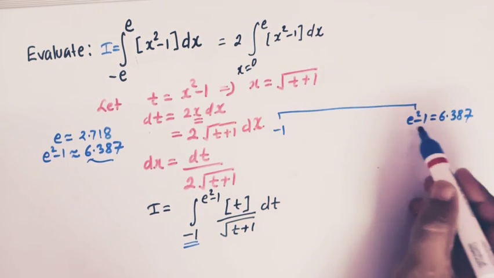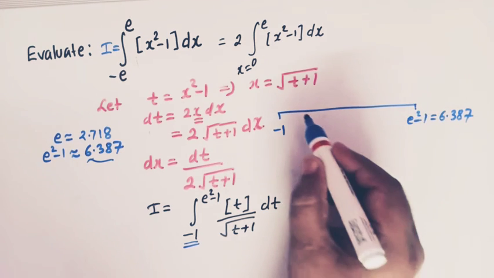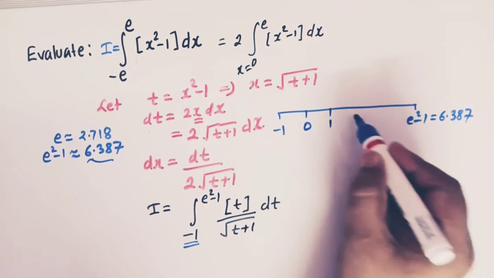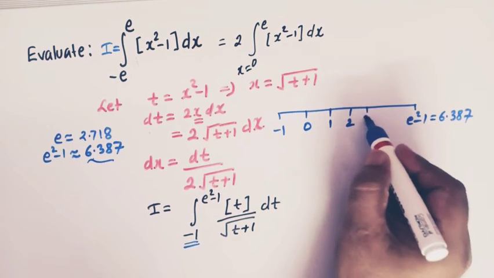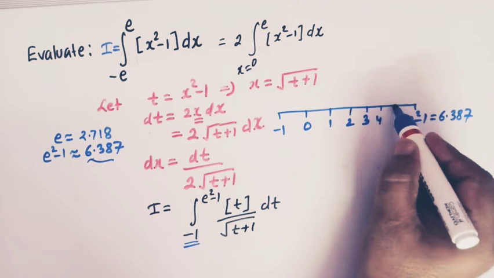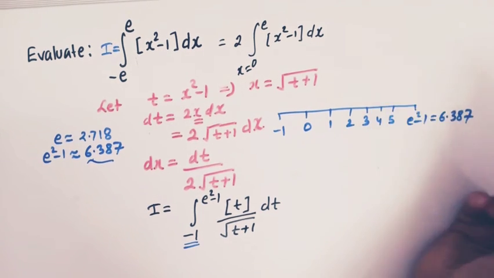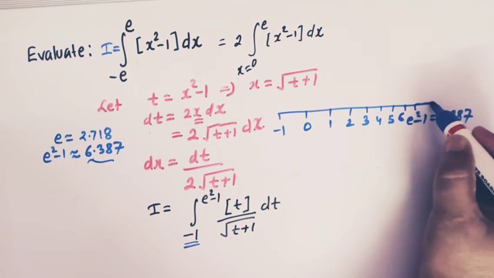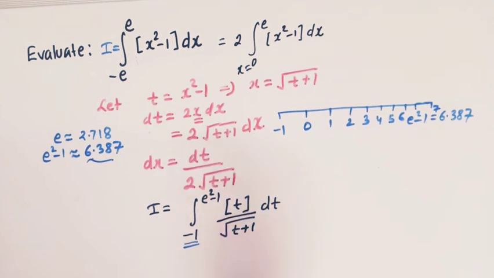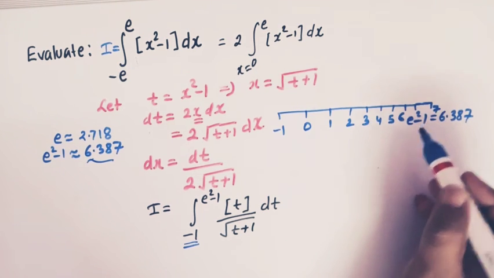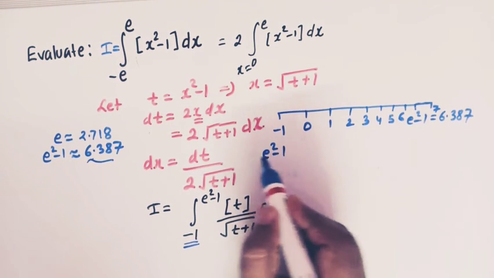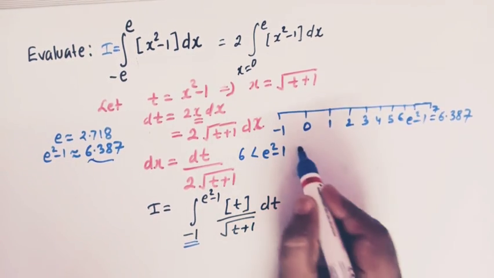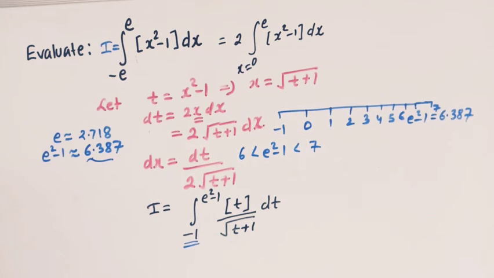Between minus 1 and e square minus 1 we have the integers 0, 1, 2, 3, 4, 5, and 6, and then 7. And e square minus 1 lies between 6 and 7.